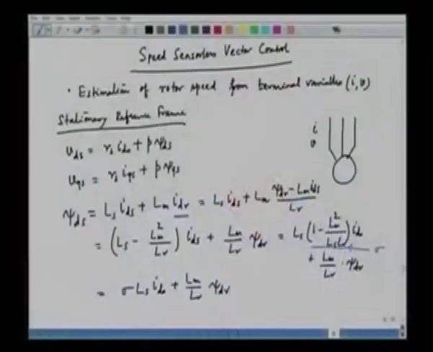So exactly in a similar way we can write down for the q axis. So we can say here that in a similar fashion psi qs is equal to sigma into Ls IQS plus Lm by Lr into psi qr.